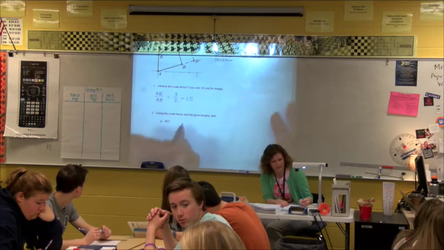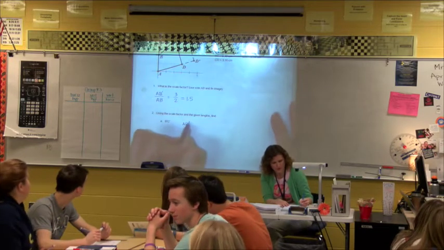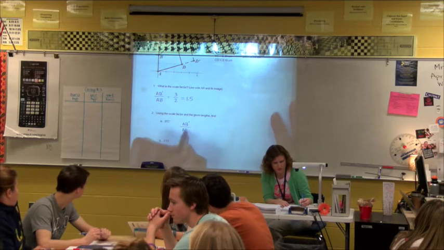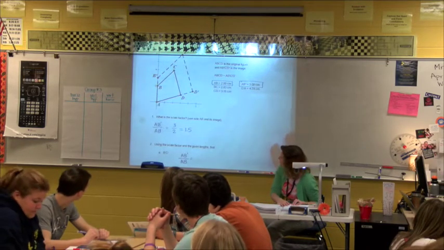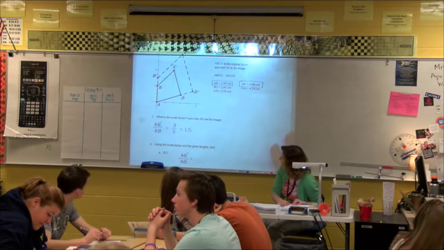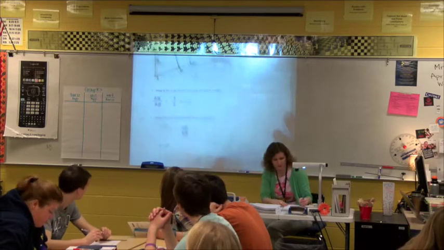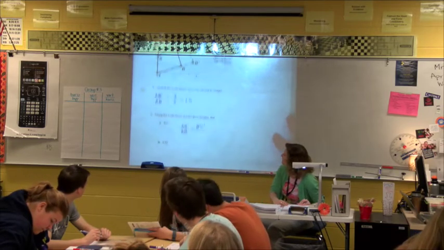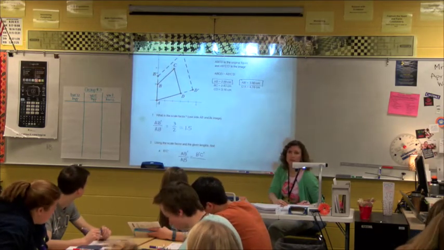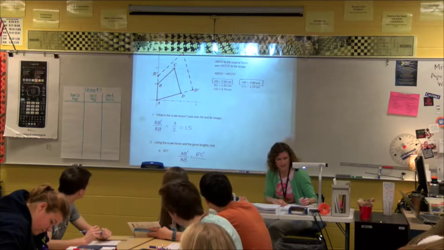So let's think about it this way. The ratio of the image to the original is going to be the same as the ratio of the image to the original. So the image is B prime C prime. And what's the original side for that one? Just BC, right?